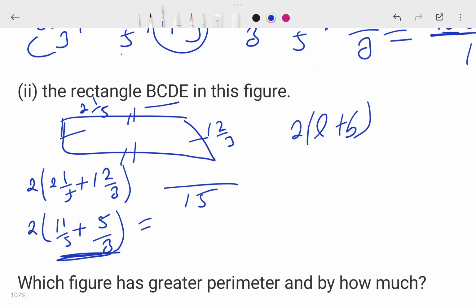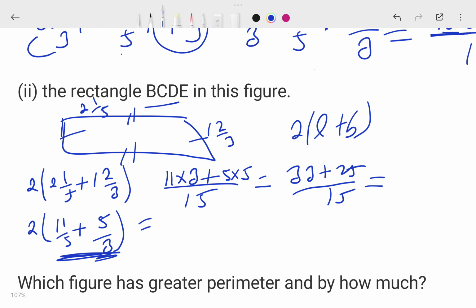In 5 table 15, 5 threes are 15, so 3 times. Then this is going to be 11 into 3 plus, in 3 table 15, 3 fives are 15, 5 times, then 5 into 5. Now this is going to be 33 plus 25 by 15. So it is going to be 58 by 15.